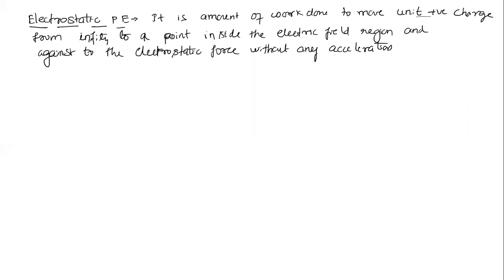We are doing work against it, and while bringing it, we bring it so slowly that the acceleration becomes 0. That's the reason I said the words without any acceleration. So this is electrostatic potential energy. We indicate it with the letter U.